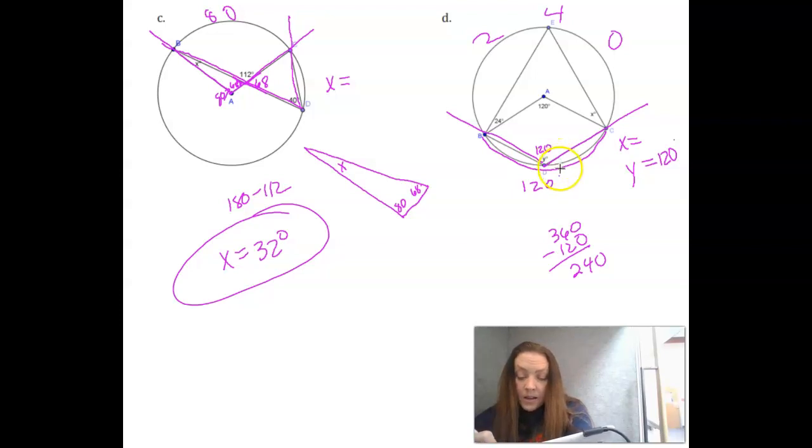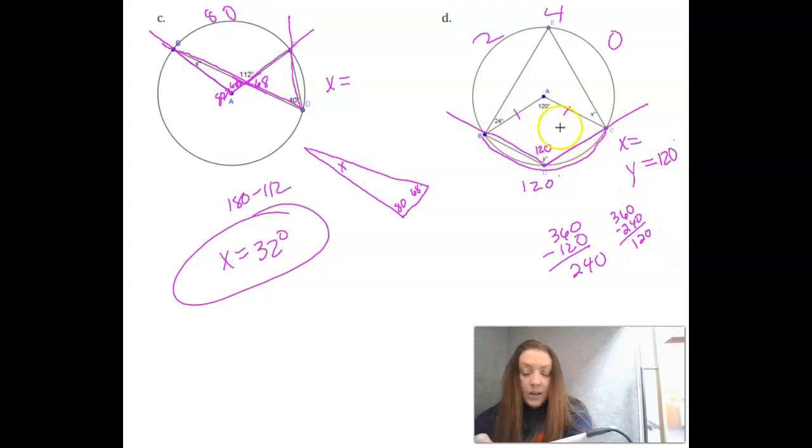And then we know these are both radii, AB and AC. So if my sides are equal and my two angles are equal, then remember that's a quadrilateral, which adds up to 360 as well. So if I take 360 and I take off the 240 that we know, that leaves us with 120 degrees for those two angles.